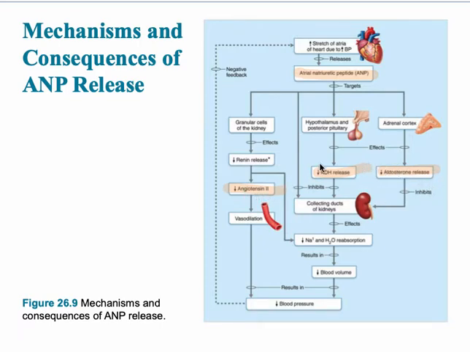But since it's being lowered, it ends up lowering blood pressure. So it's a classic negative feedback system. So the stimulus that causes atrial natriuretic peptide to be released is when there's an increased stretch of the atria due to an increased blood pressure. This hormone is directly released from the atrial cells.